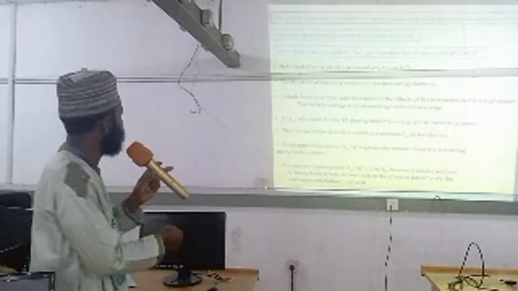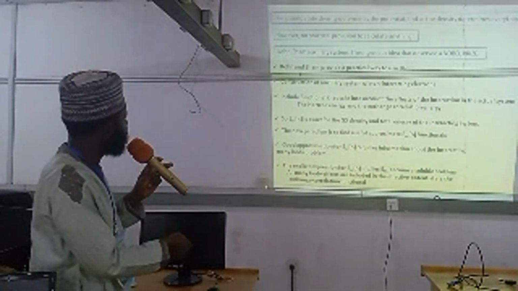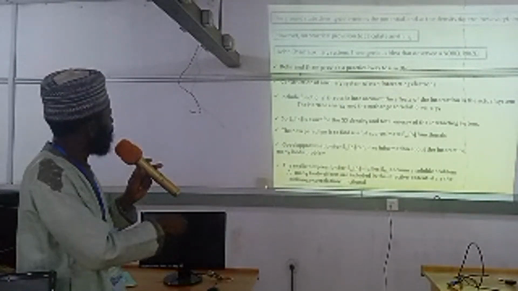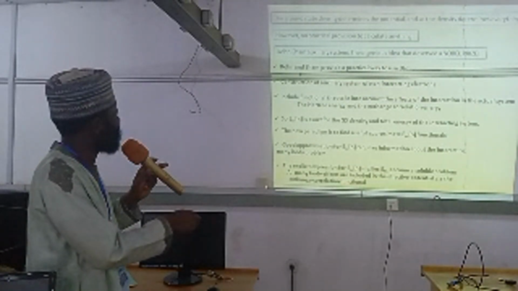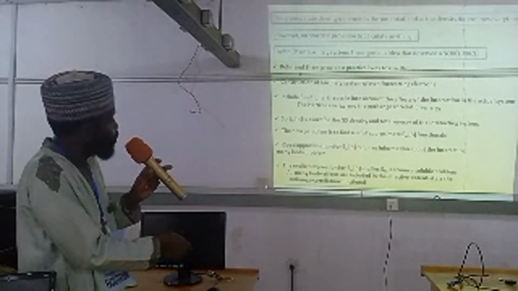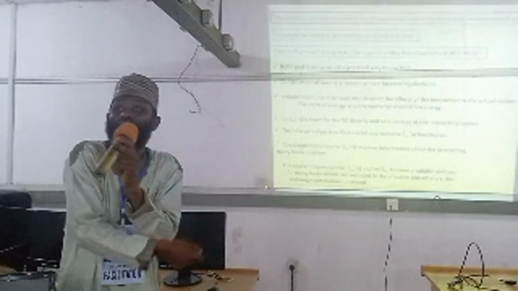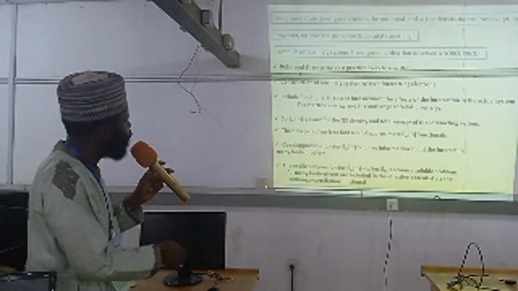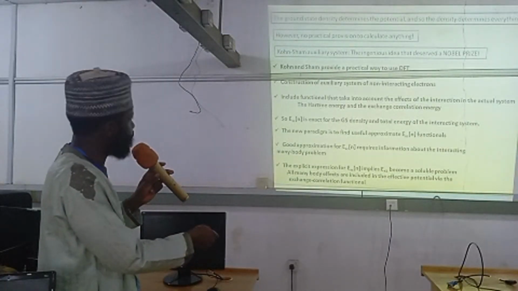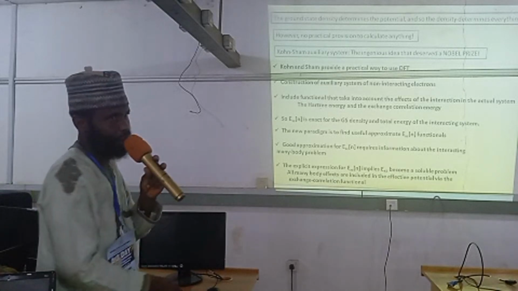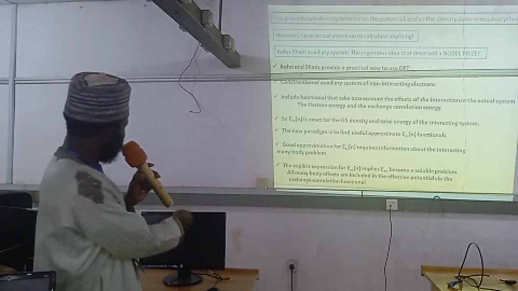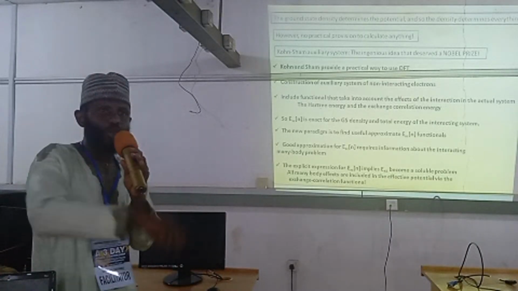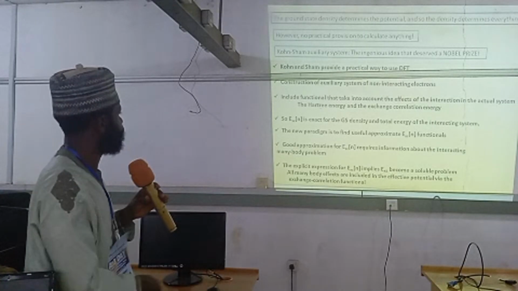This is clear: the Hartree energy and the exchange-correlation energy. The exchange-correlation energy is exact for the ground state and total energy of the interacting system. The new task is to find information for this exchange-correlation functional, and a good approximation requires information about the interacting many-body problem.